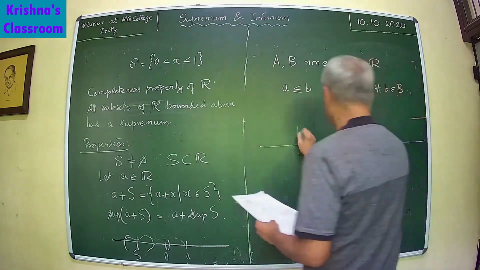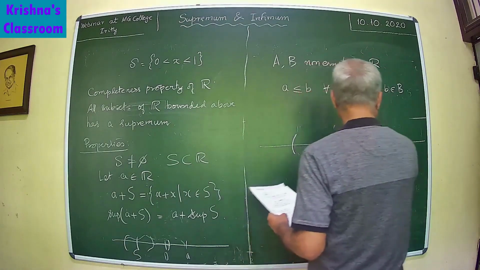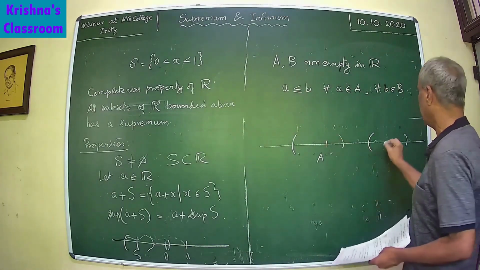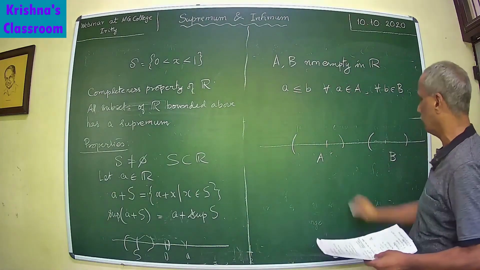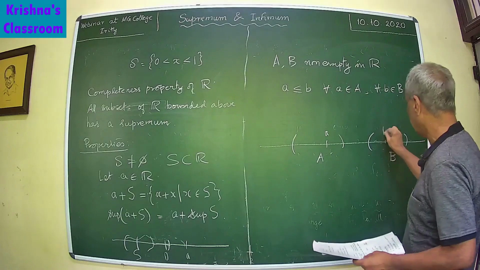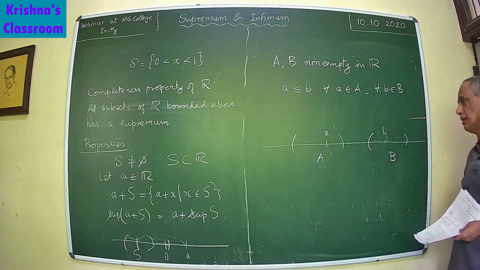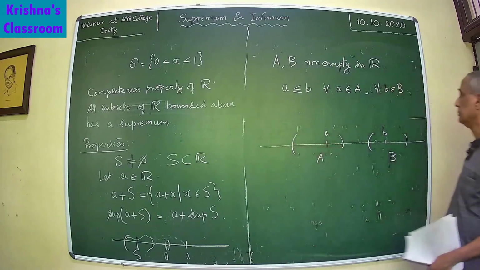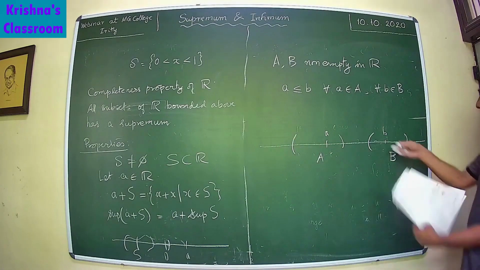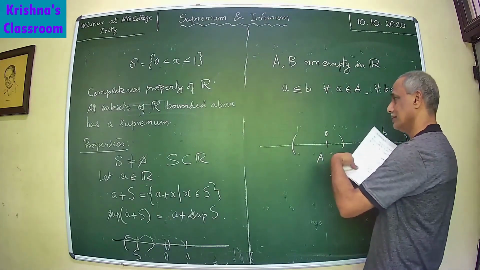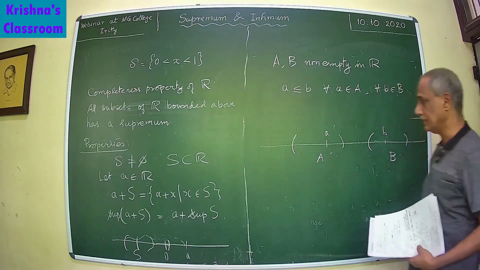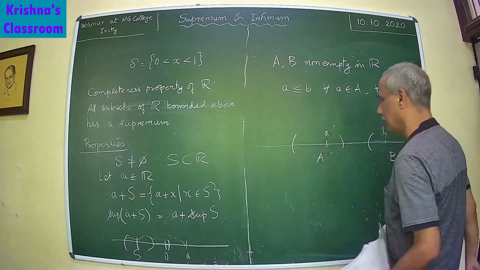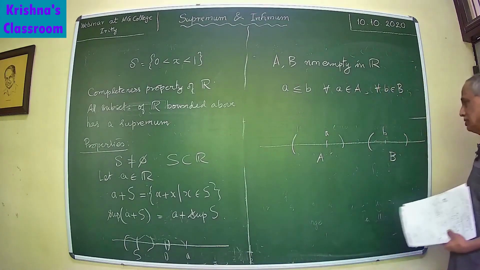On the real line, you are considering two sets A and B. So you are taking an A here, you are taking a B here, so A is less than or equal to B. In fact, this is true for every A and every B. That clearly tells that these two are at most meeting at a point. Otherwise, if you are taking these as open sets, then they are going to be disjoint.